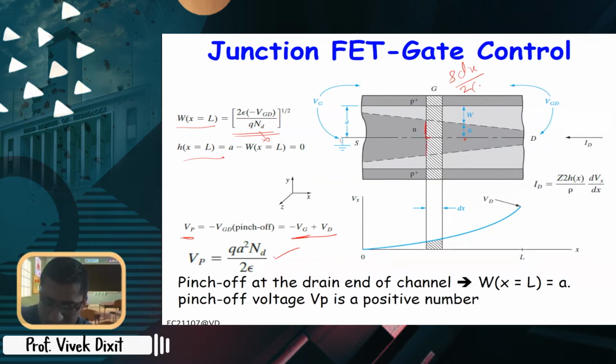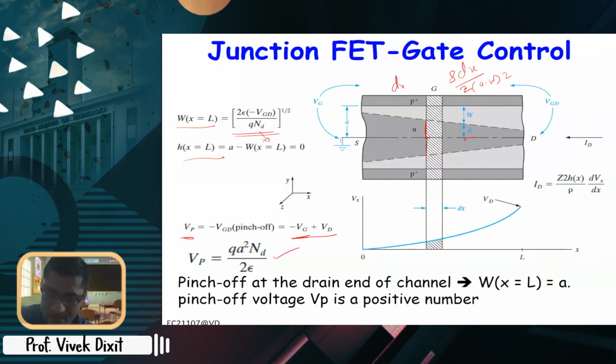This is also a minus w. So 2 times a minus w times z, right? And this a minus w is written as h here, right? So you can write 2hz, and then this is the resistance, right?